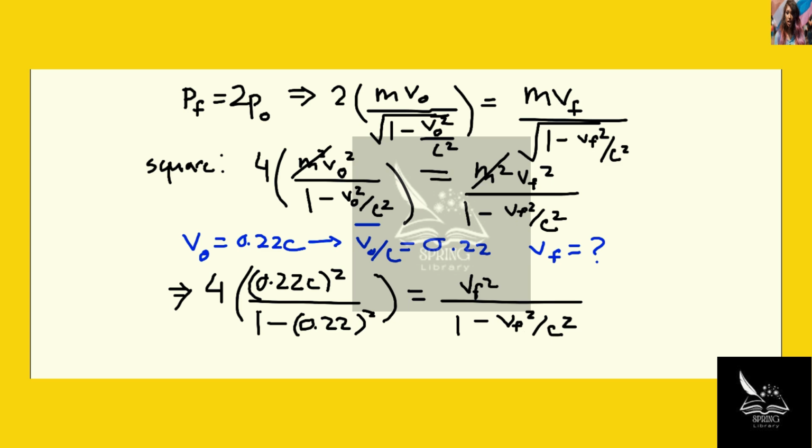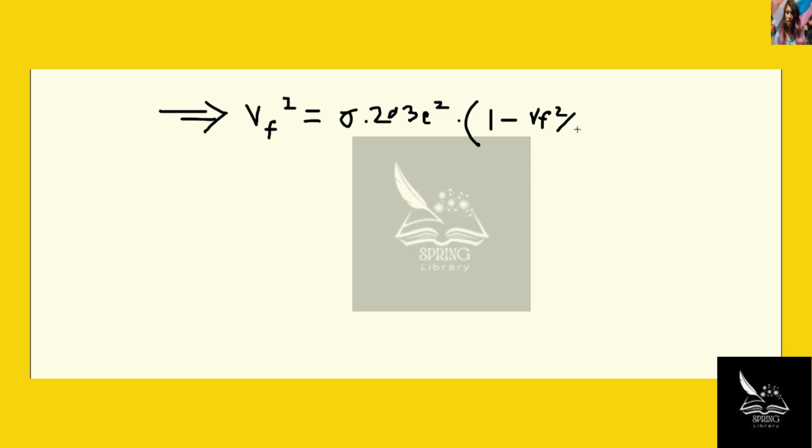And once you work out that algebra, what you find is that Vf squared is 0.203, so rearranging some terms here, times c squared times 1 minus Vf squared over c squared.